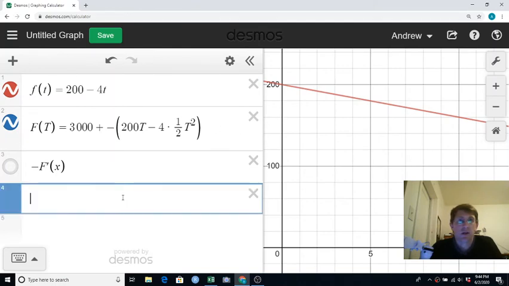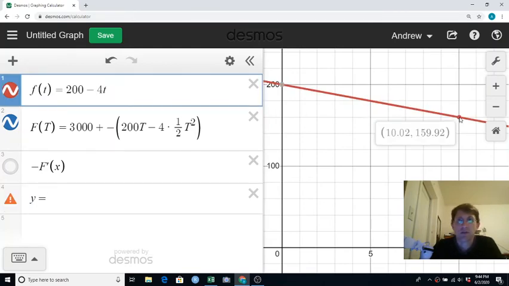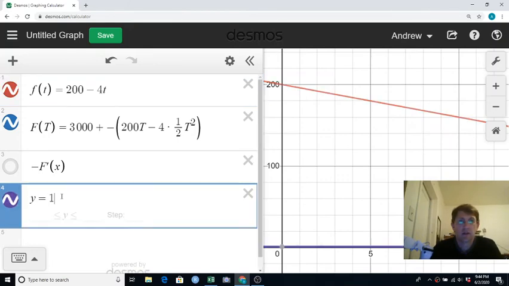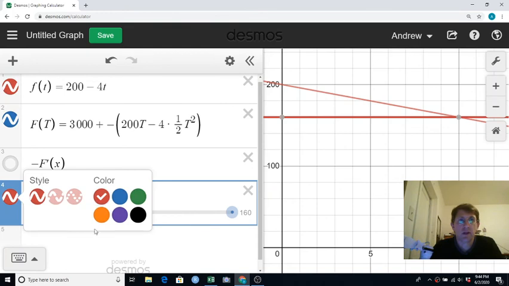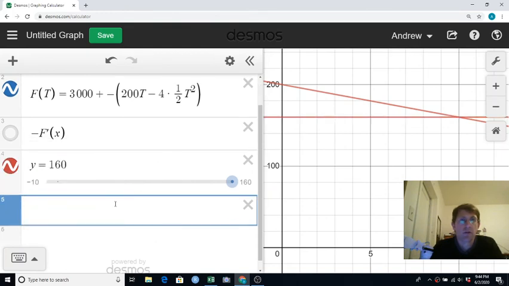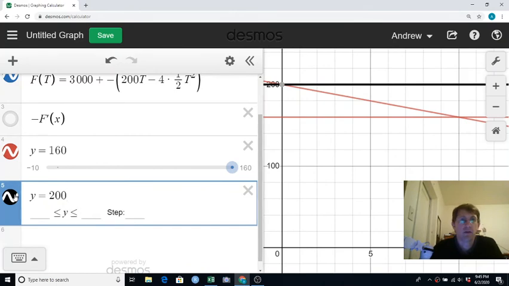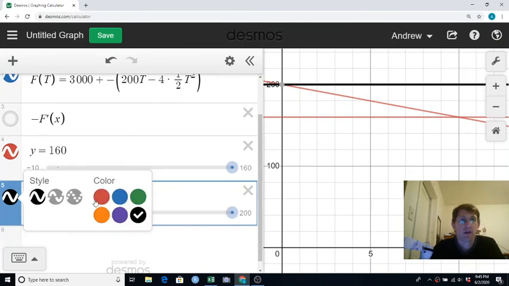We could have put a lower bound line at y equals whatever that value is, 160 it looks like. We'll put that in red because we usually do lower bounds in red. We could have put an upper bound line at y equals 200, that maximum value, and we've been doing those in blue.